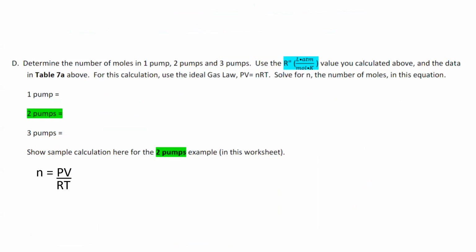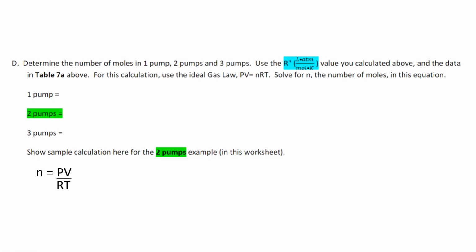All right, and then we're going to be calculating the number of moles in each pump of gas. In order to calculate the number of moles, we're going to rearrange the PV equals nRT equation to solve for n. So that means that n is equal to pressure times volume over the constant times temperature.